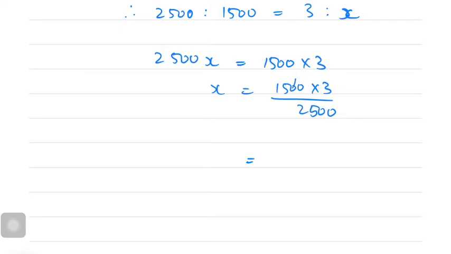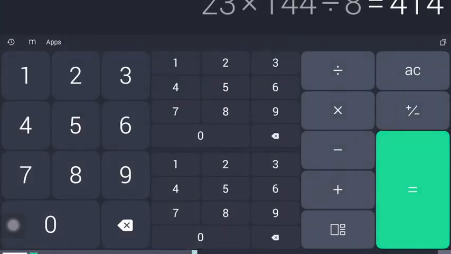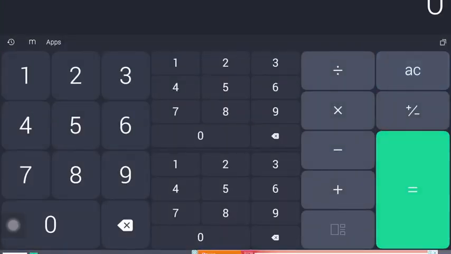So calculate this. 15 into 3 divided by 25.